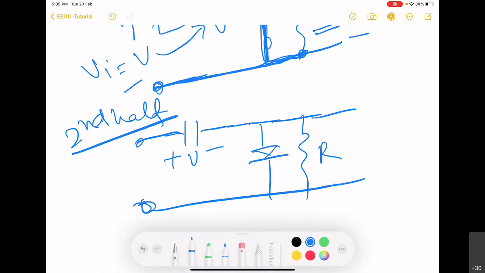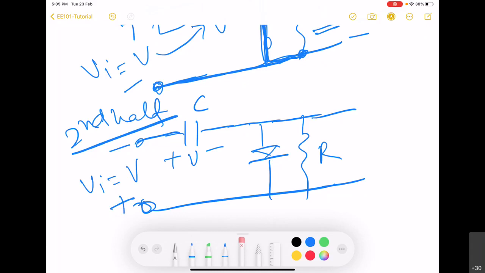So during the second half, this is what is going to happen. Now the polarity of the input Vi gets changed and it becomes like this. So Vi is V, but now the polarity is in this way. When you flip the polarity, you can remove the minus sign that will usually be present here. That is why I'm not showing this minus sign here.